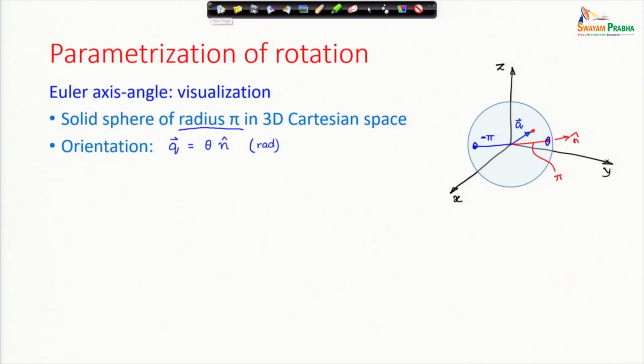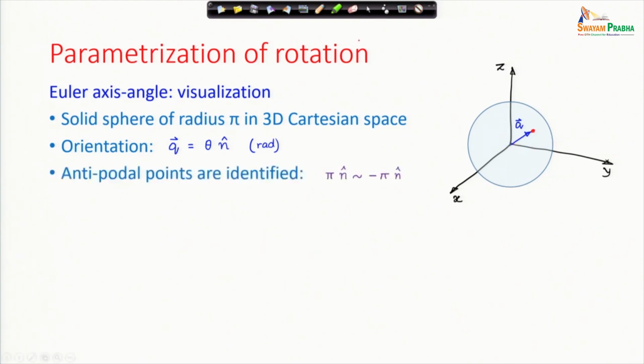Therefore, these are called antipodal points. The antipodal points are identified. Pi n cap represents one orientation of the body, minus pi n cap represents the same orientation of the body.